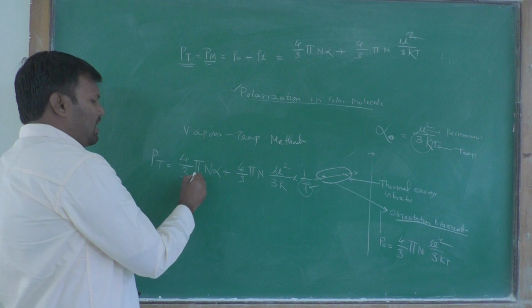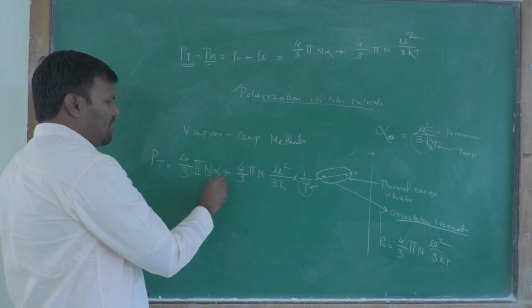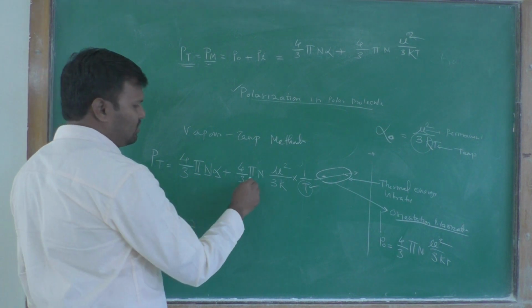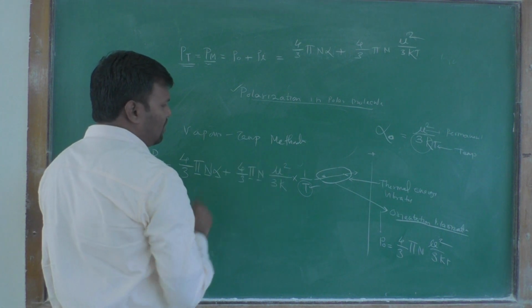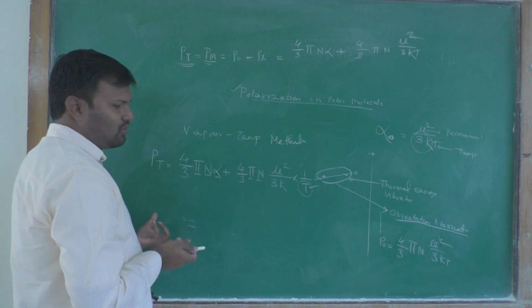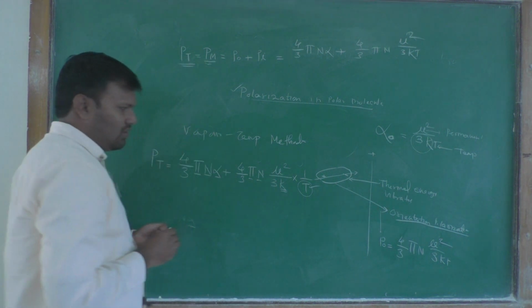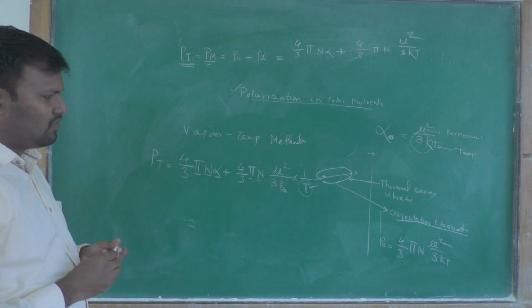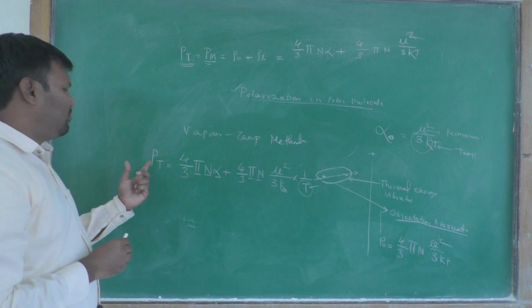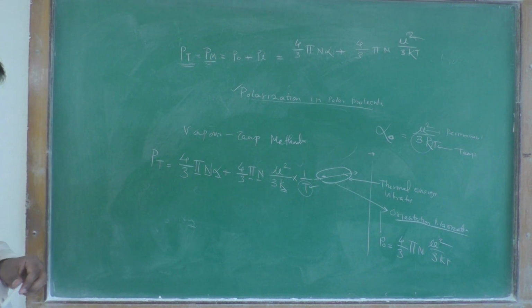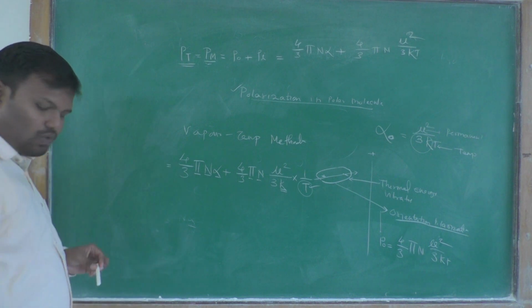All the other quantities are constants: π is a constant, n is a constant, α the polarizability is a constant, the dipole moment is a constant for a particular polar molecule, and k is the Boltzmann distribution constant.